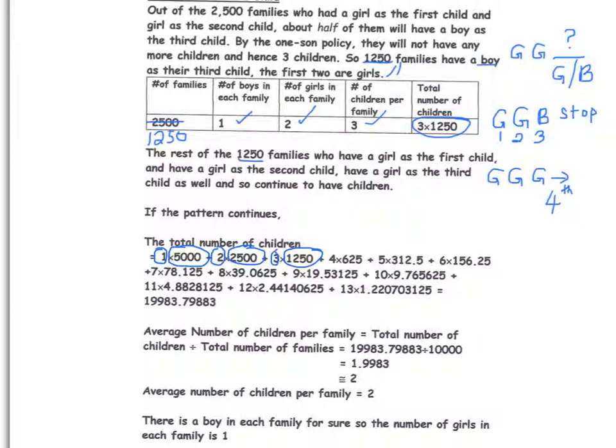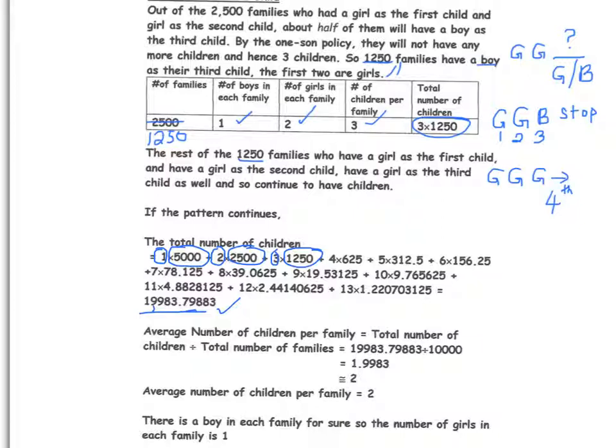So this is how we calculate the total number of children in these 10,000 families. So when we do the math, we get this number, 19,983.798883. Now, obviously, we're talking about number of children, but I just continue to keep the decimal places until the end when I actually figure out what the average number of children per family is.